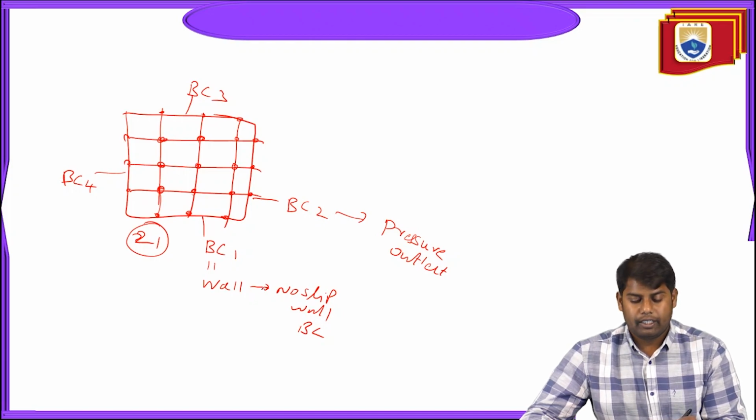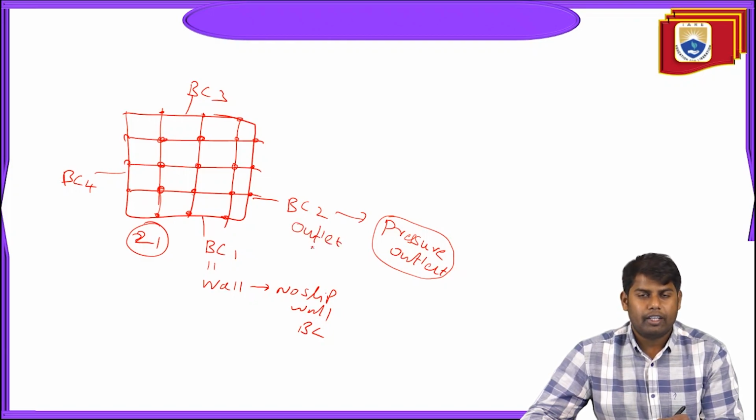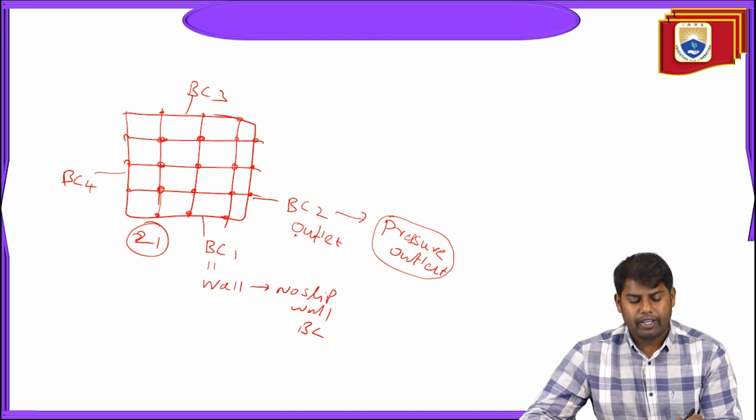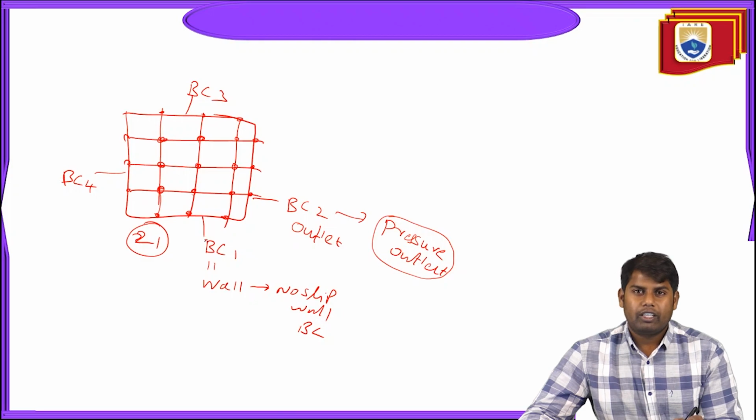This is the boundary condition we use, and the name of the boundary you can use is outlet. So the name of the boundary is different and the boundary condition is different. When we take the domain, first we have to define the names of the different boundaries.